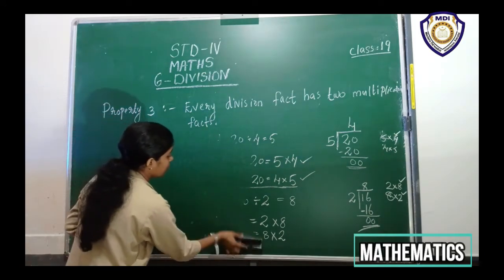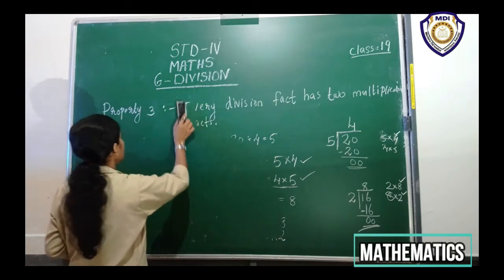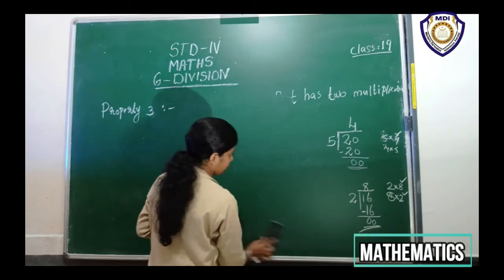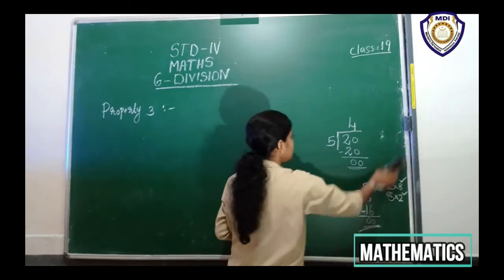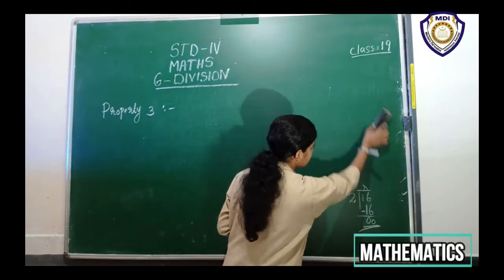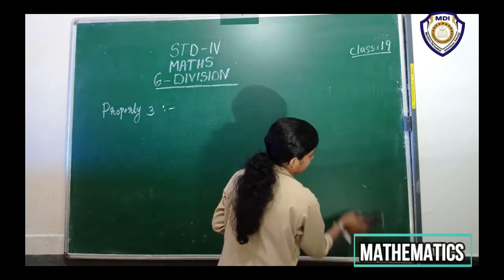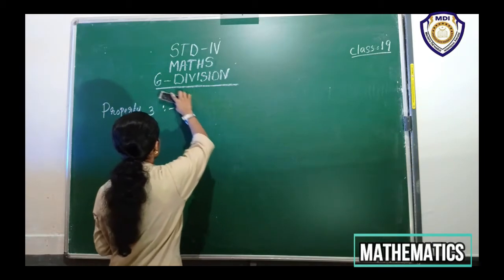Then our another property, property 4. What is property 4? We just read loudly.